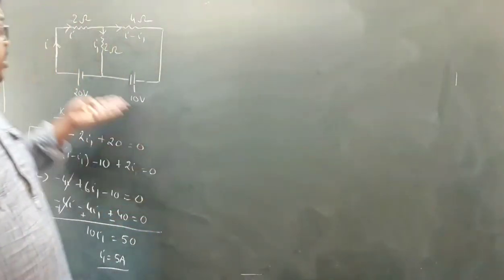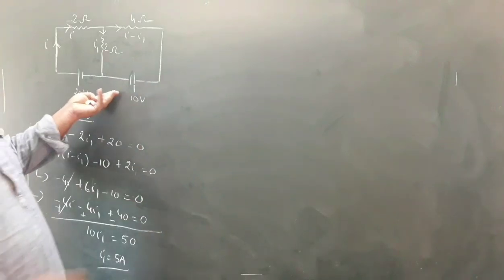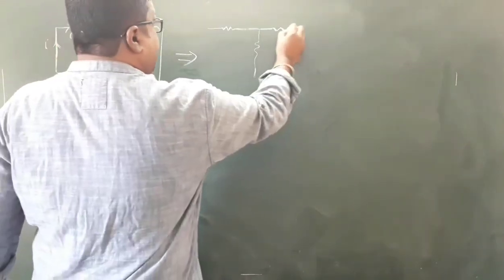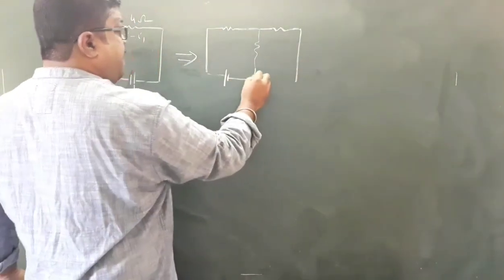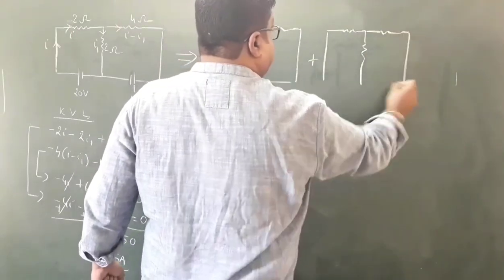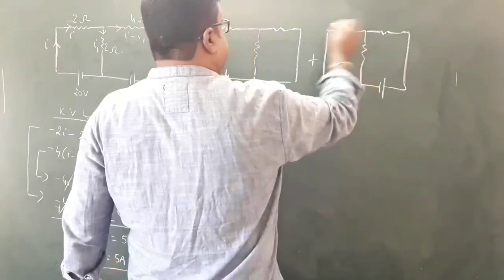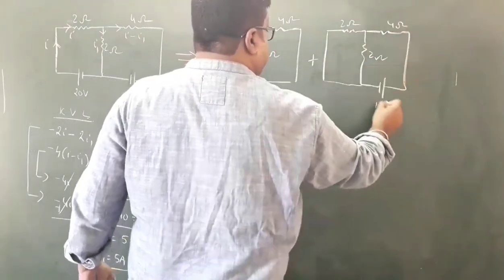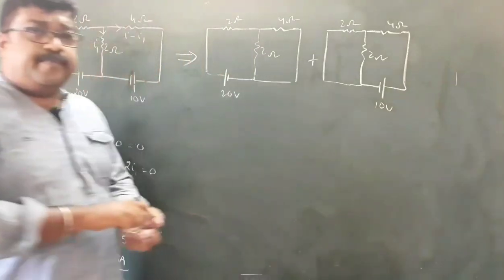Now in method 3, this circuit needs to be redrawn as... okay.